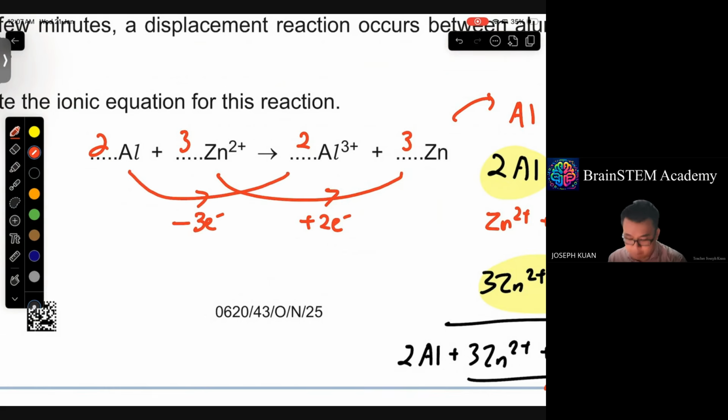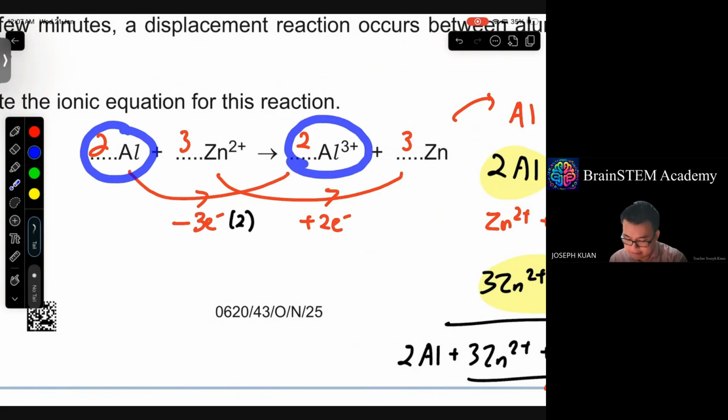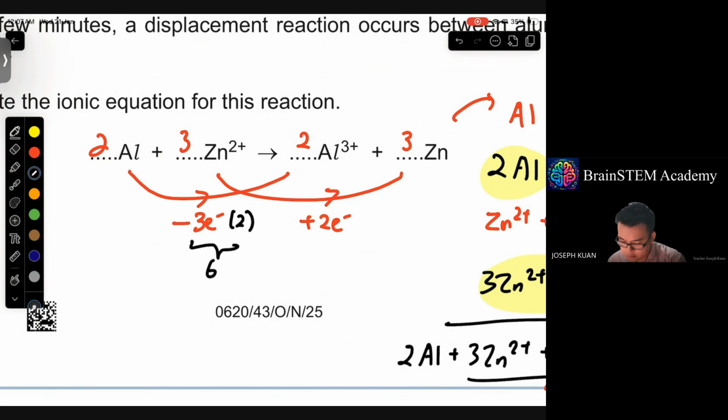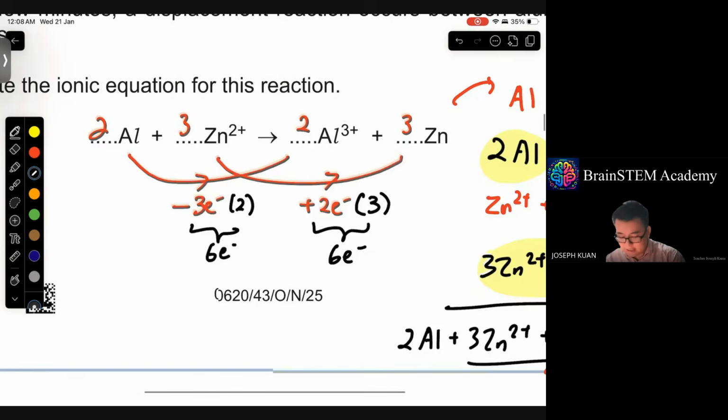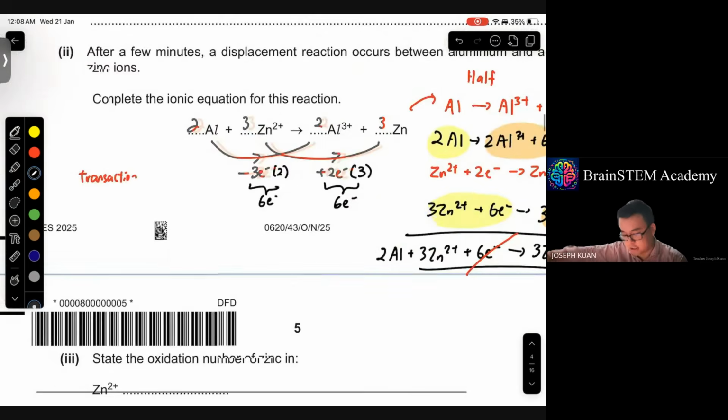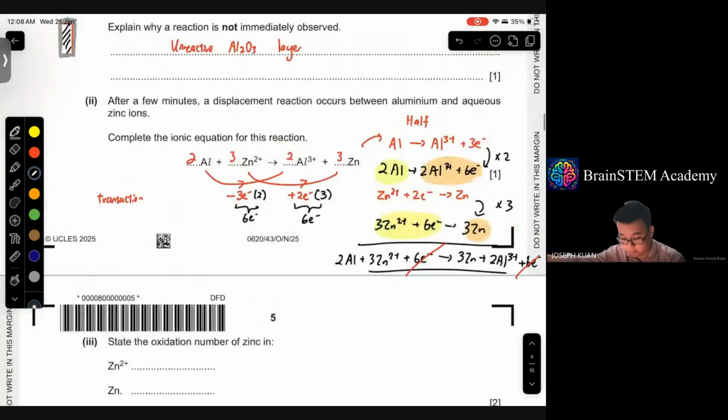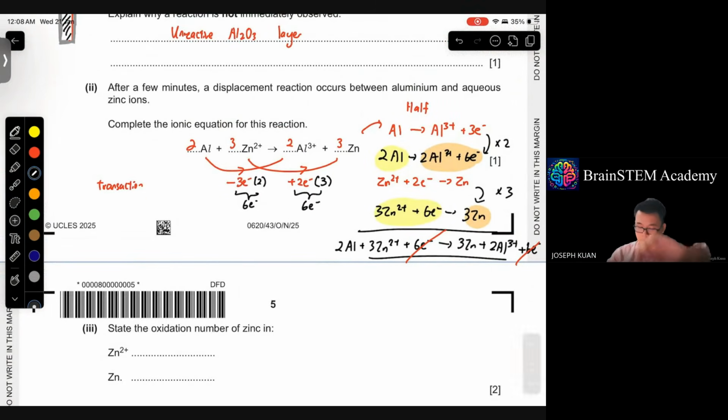So to achieve a happy relationship together, there must be 2 aluminium that give out 6 electrons, and there must be 3 zinc that basically gain 6 electrons. Okay, so using that information, I understand the transaction here is 6 electrons in total. So that's how I can balance this equation without doing the steps on the right.